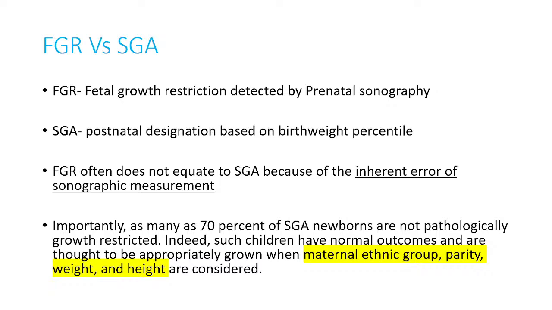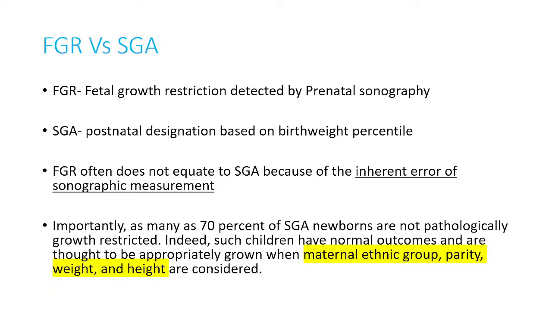FGR is not always equal to SGA, because there are inherent errors in the sonography measurement. Sonography measurement is not 100% accurate. There may be 10% or 20% plus or minus, on this side or that side. That is why SGA is not always the same as FGR after delivery. Got it?